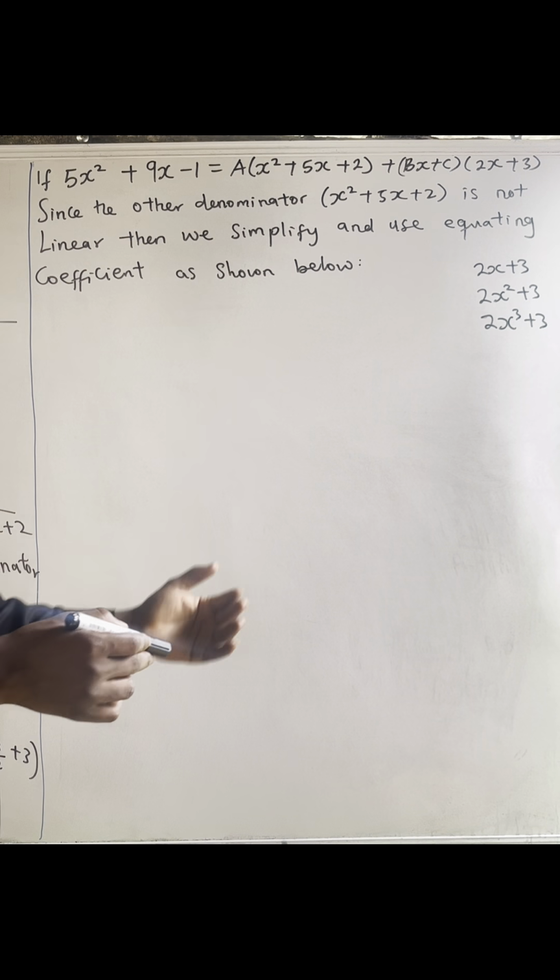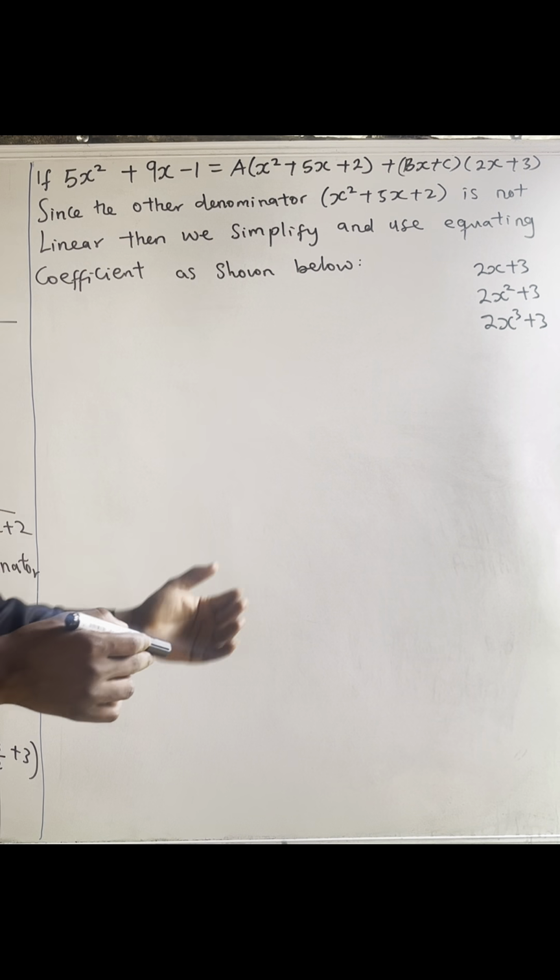I firstly use this bx to multiply everything here. I will also use this c to multiply everything here. Bx times 2x, that will be 2bx squared. Bx times 3, that will be 3bx. C times 2x is 2cx, plus c times 3 is 3c.